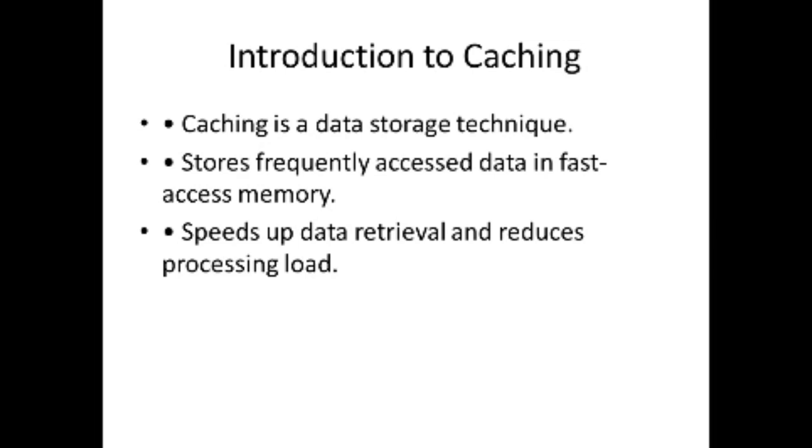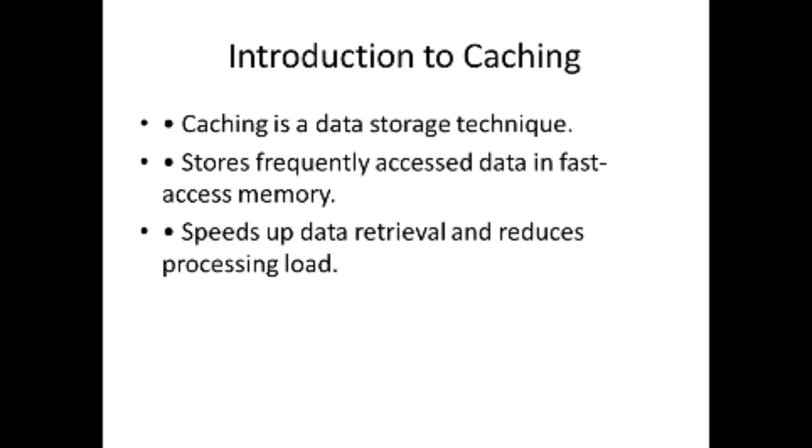So caching is a data storage technique. It means that caching is a storage technique that is used to store data. It's a way you use to store data on your machine. And the second point says that it stores frequently accessed data in fast access memory.